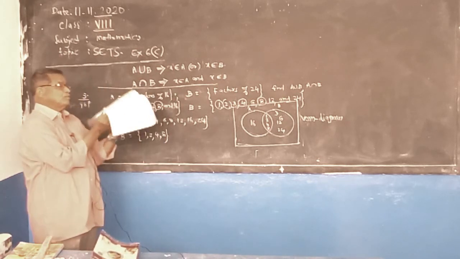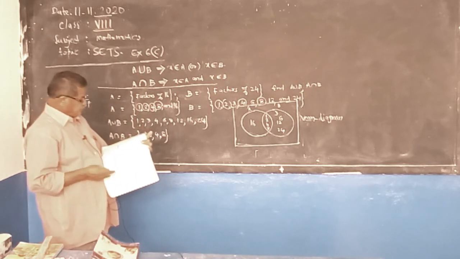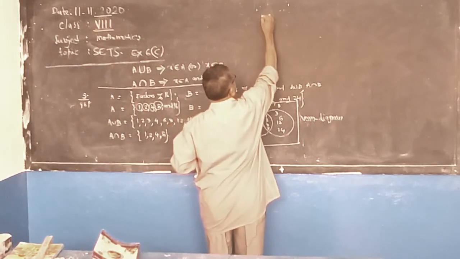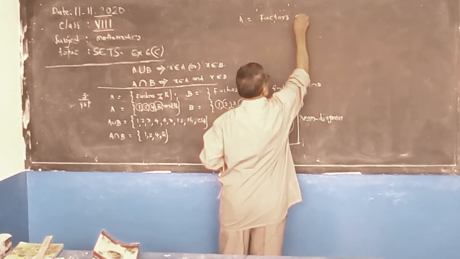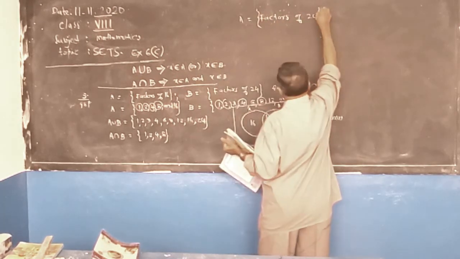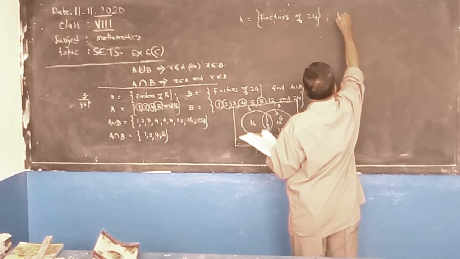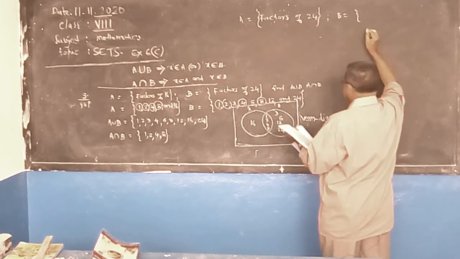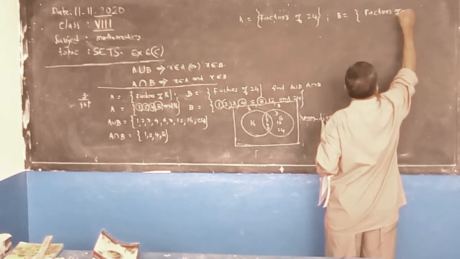And next, another problem. Set A, factors of 24. And set B, factors of 36.